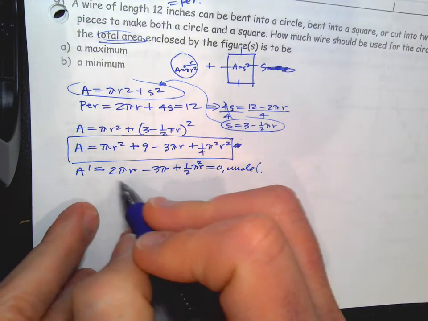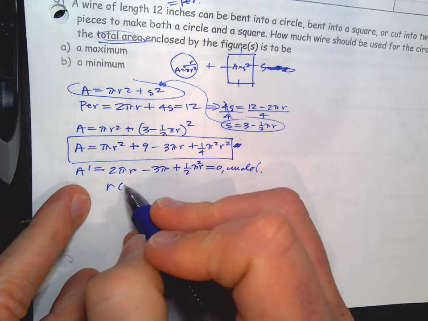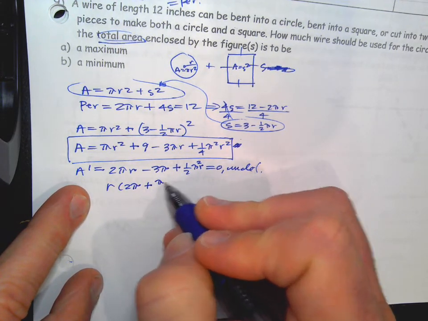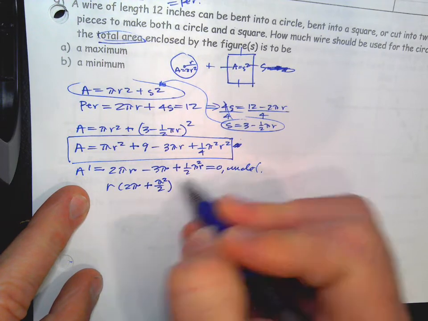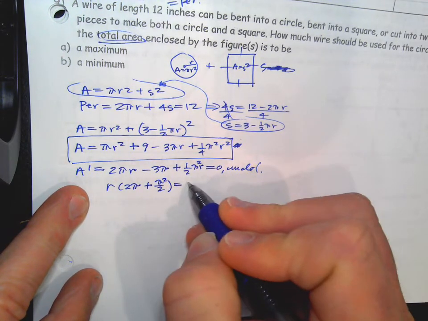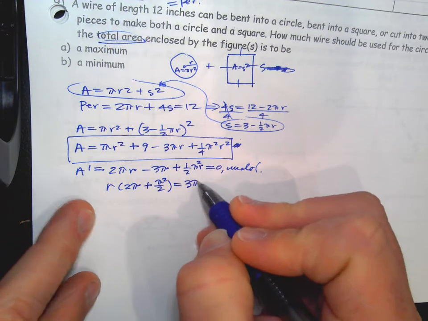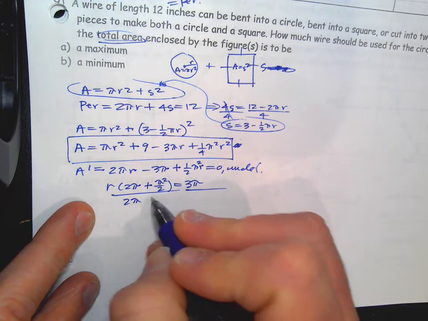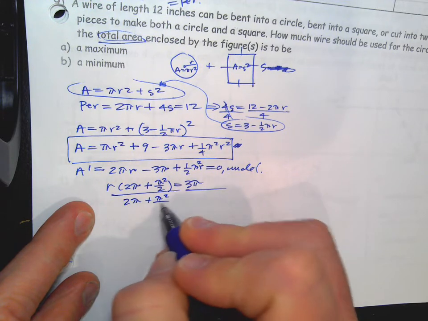To get these r's by themselves, the easiest thing, because their coefficients aren't like terms, is to factor the r out. Don't forget this pi has a squared on it. Move the 3 pi to the other side, and then finish solving for r.